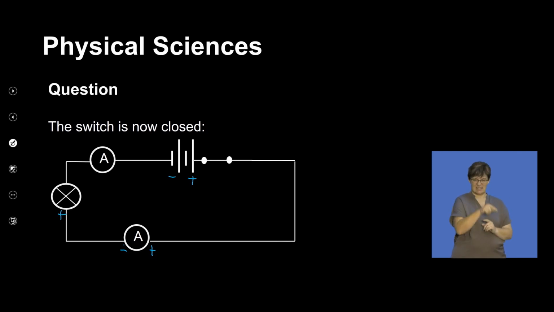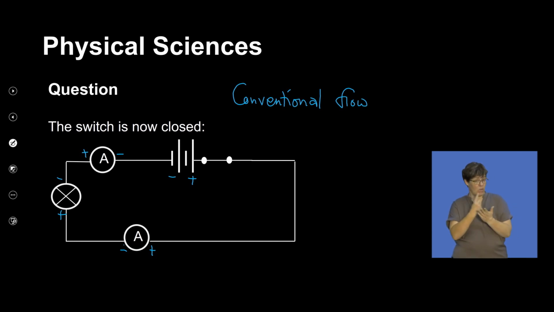Similarly, this is what happens with the light bulb as well as the ammeter, because we know that by convention the current flows from positive to negative, or charges move from positive to negative. So that's convention. We're talking about conventional flow. Take note of that. So the assumption is always that we talk of the conventional.